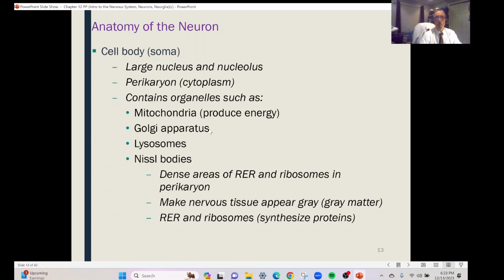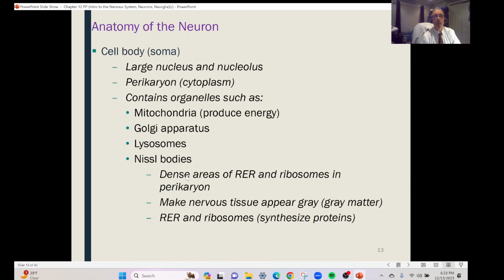The Golgi apparatus, lysosomes. But here's a new term. We haven't used this before. When the ribosomes are actively producing proteins, they clump up, right? They form clusters, and they're attached to the rough endoplasmic reticulum. And we could actually see that, and we call these clusters of the ribosomes in the cytoplasm Nissl bodies, right?